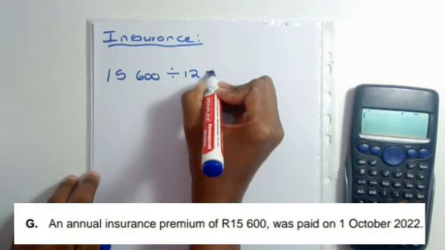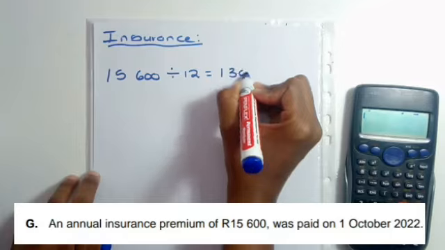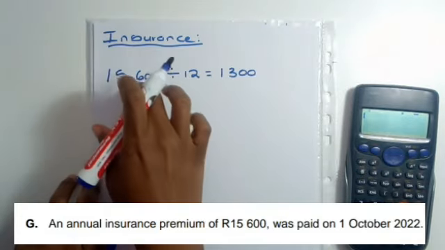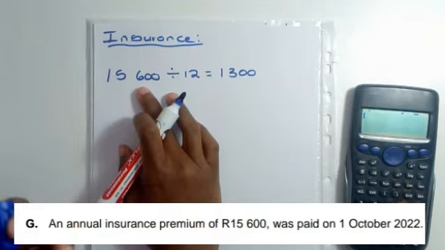We are going to divide it by 12, and it gives us a monthly payment of 1,300. And then we are going to say how many months do not belong to our financial year. They're saying it started on 1 October 2022. So from 1 October 2022 to 28 February 2023 is going to be 5 months.